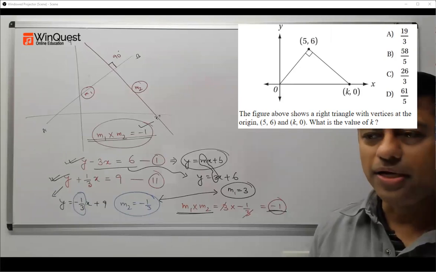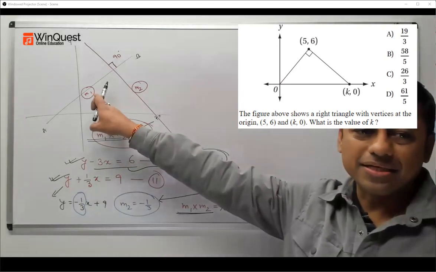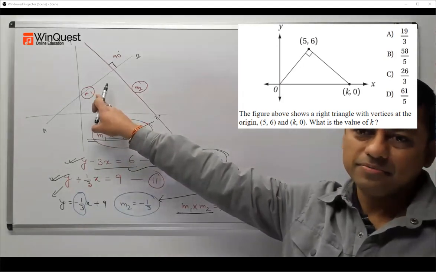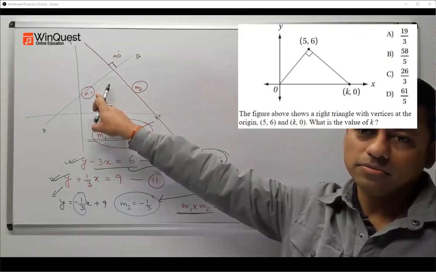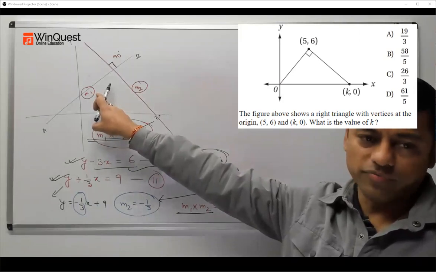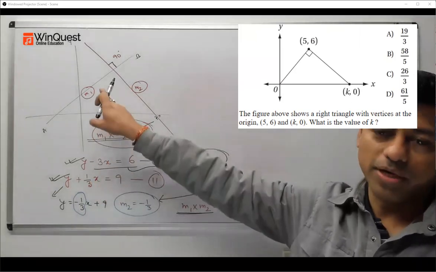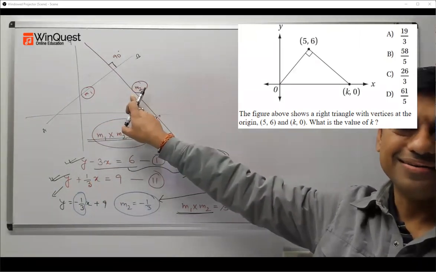I'll help you out. Where did you get stuck? Are you getting that this is a sample straight line AB? What have we considered as the slope value for that? M1. What is the slope value we considered here?